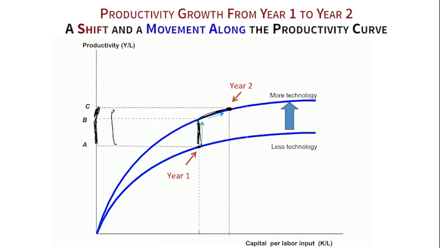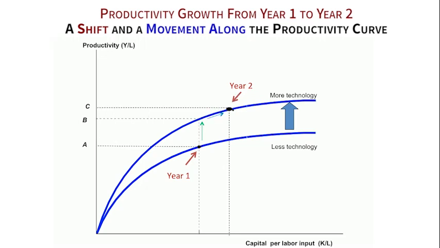The total amount of increase in productivity between year 1 and year 2 is that amount. And we've now argued that some of it has to do with the shift up of the curve, just to repeat, and some of it has to do with the movement along the curve, the new curve. And what the growth accounting formula does is find a way to divvy that up so that you can use data to analyze which is which in any given period of time. It's quite remarkable. So it's the shift versus movement along again, in this case, the productivity curve.